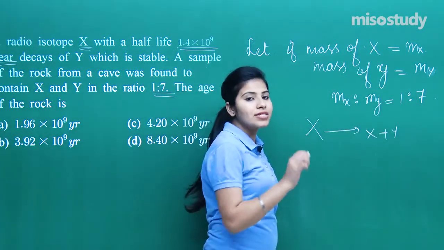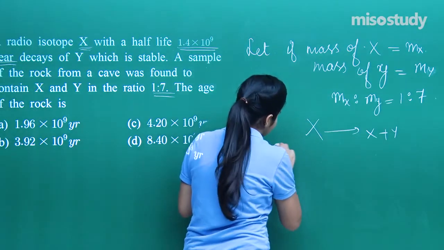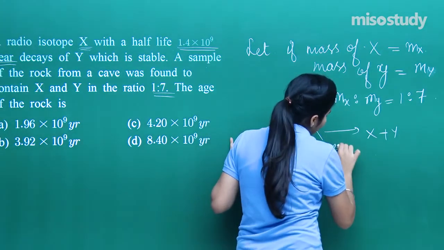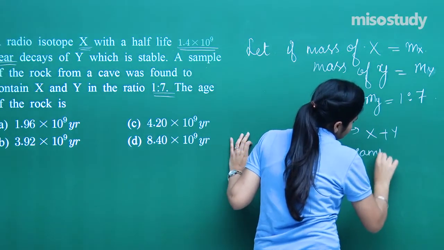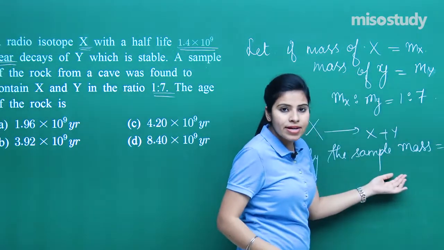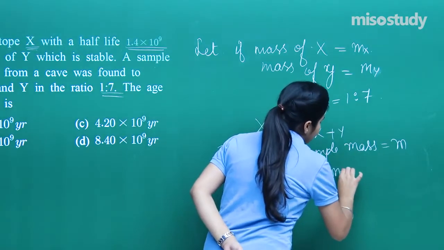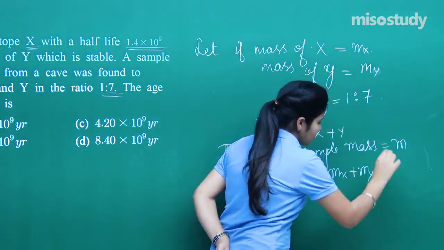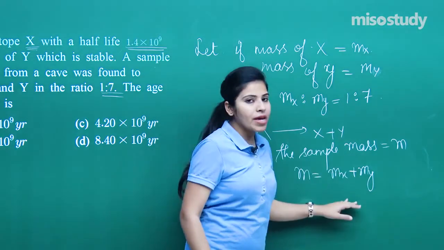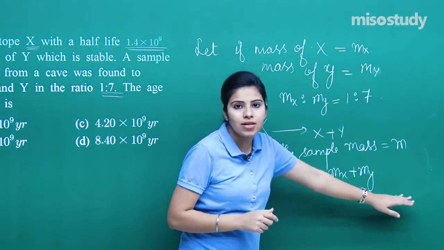Now we will be saying that suppose initially the radioactive sample was having mass M. So after the disintegration, after the decay, what will be the mass? M will be equals to mx plus my, isn't it? Because this was the initial mass, and when it broke down into 2, we can say that this total mass will be equals to mx plus my.